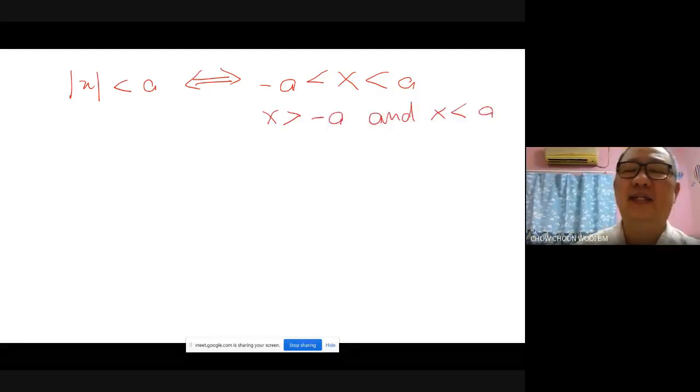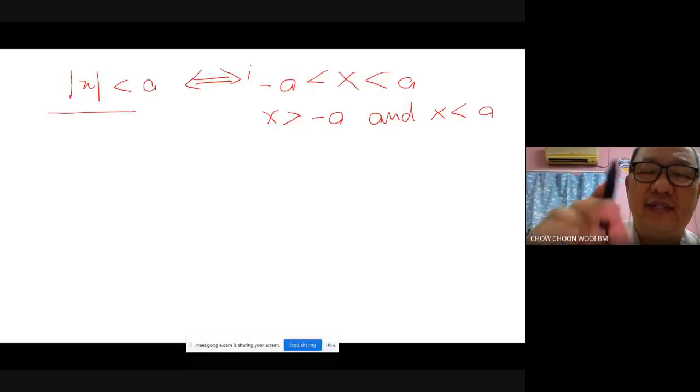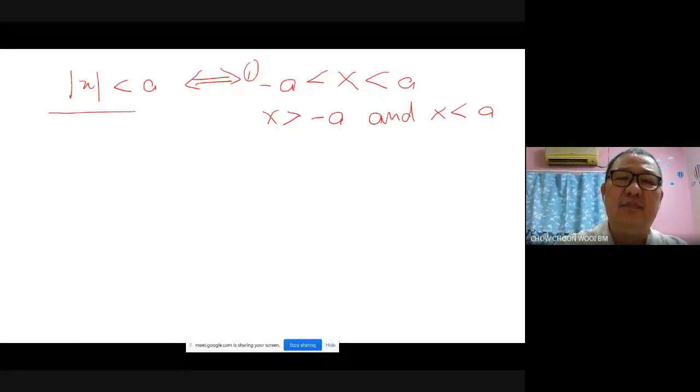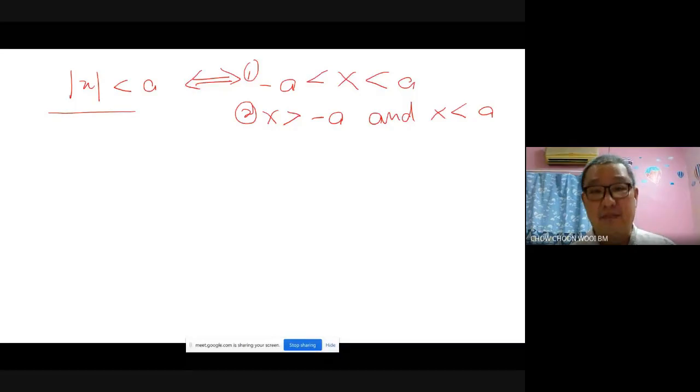Yang ini dua step. First, you definitely need to write down to open up the modulus. Kemudian langkah kedua ni, it depends on question. Kalau perlu kita kembangkan macam tu.